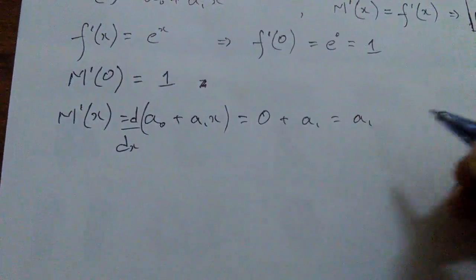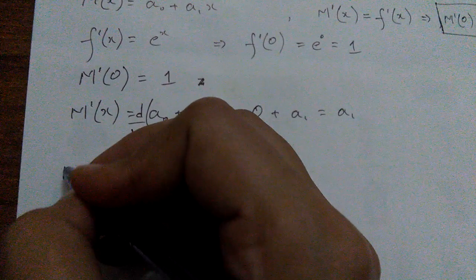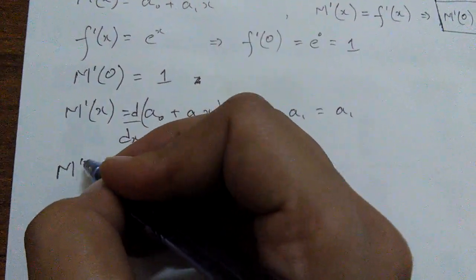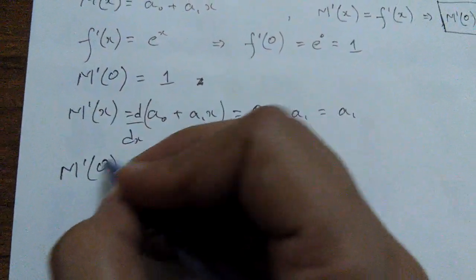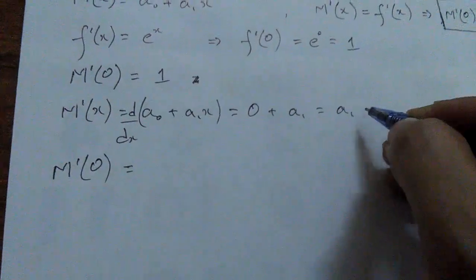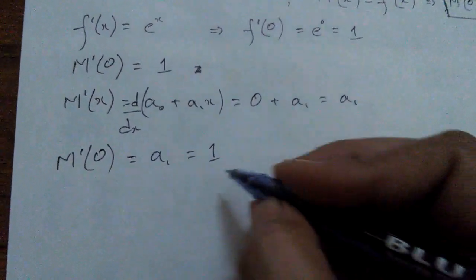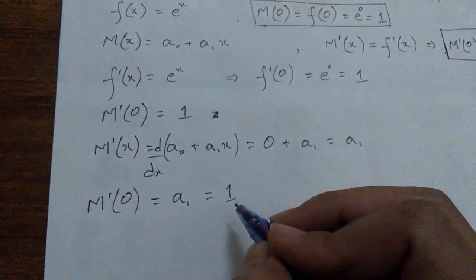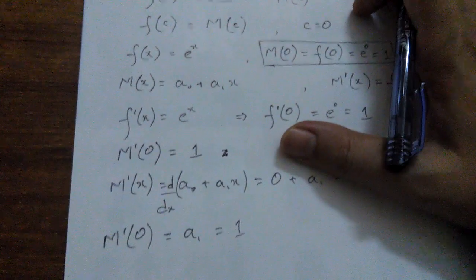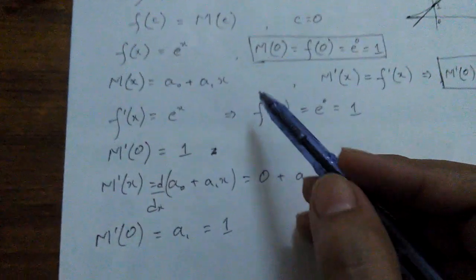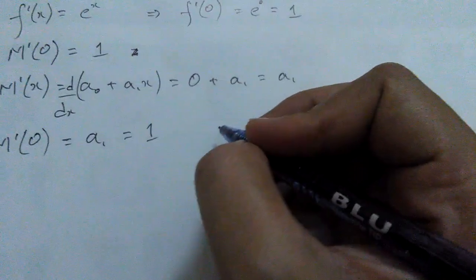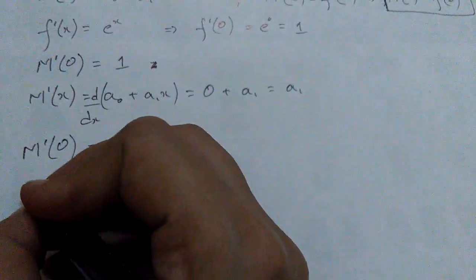So I simply have a1 here. Once I put x equals 0, it equals a1, and a1 is equal to 1 if I compare this equation and this equation. So my a1 value is 1.